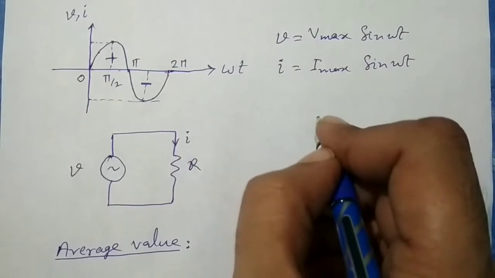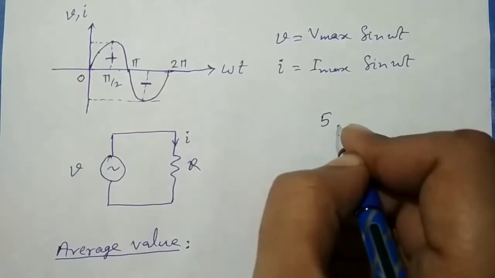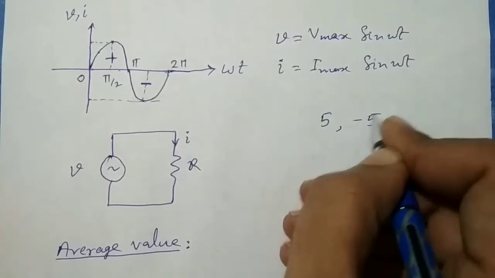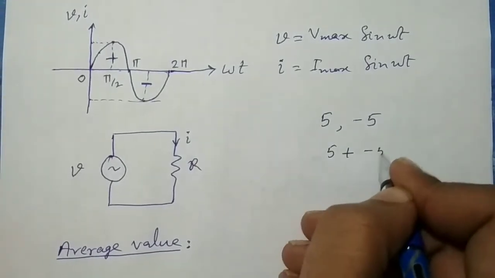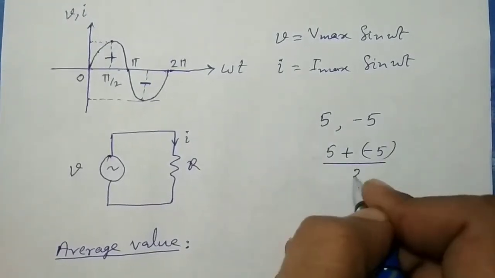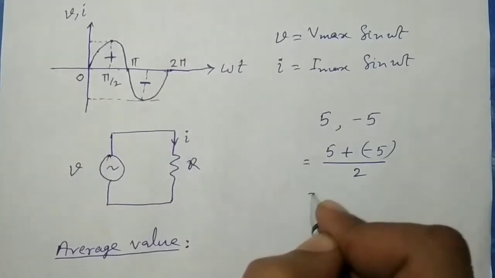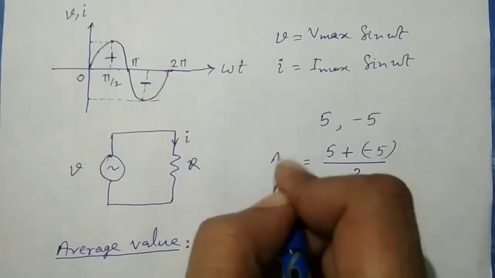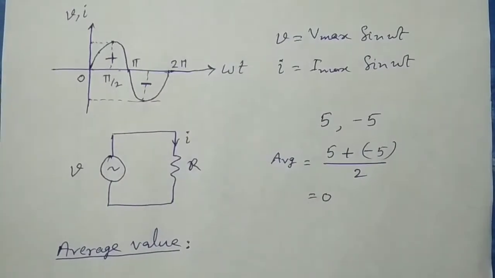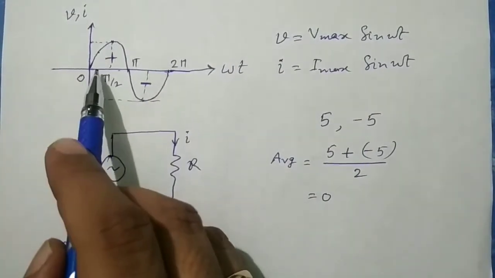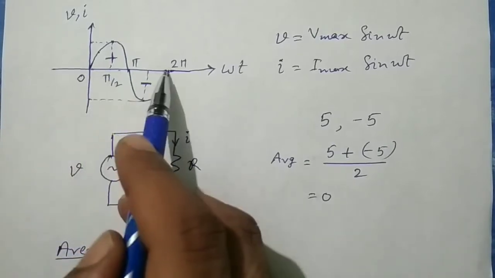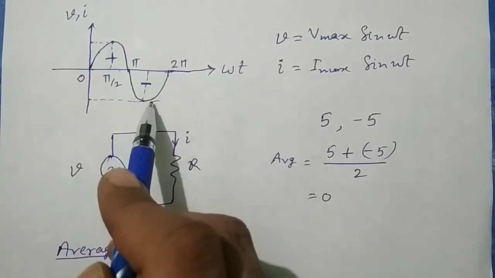For example, if we want to calculate the average of 5 and minus 5, then we get 5 plus minus 5 upon 2, and it will be equal to 0. Similarly, for a symmetrical waveform, the average value over a complete cycle will always be equal to 0.